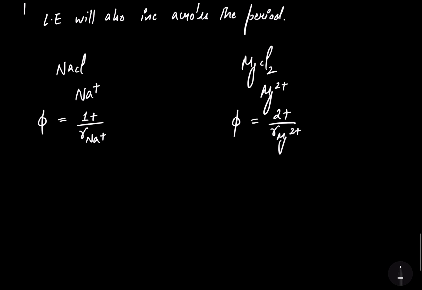Now, as we all know, the radius of Mg2+ is smaller than the radius of Na+ because we are moving across a period, sodium and then magnesium. Magnesium comes after sodium in period number 3.